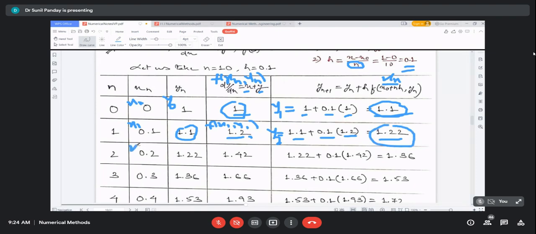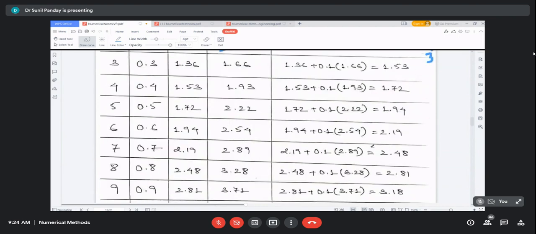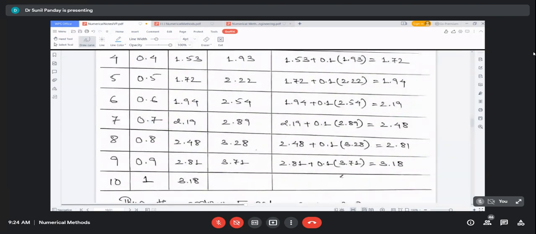And what is your x2? x2 is x0 plus 2h, and this is y2, which you have written here. Again you have to calculate f(x2, y2). So 0.2 plus 1.22, you will get this. Then you use these values in Euler's method, and you will get the next value. In this way you continue, and you will get this as y10.